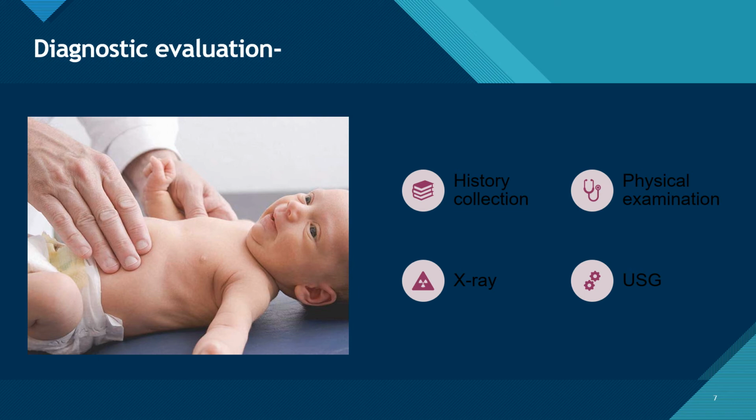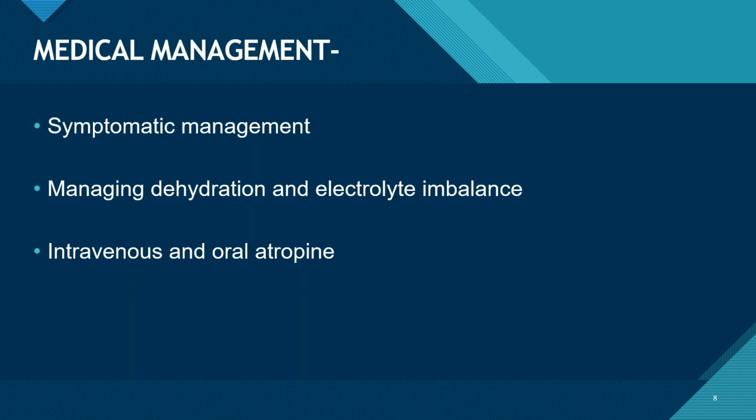Okay, next is your x-ray, and next one is your ultrasonography. The ultrasonography also shows if any abnormalities are there inside the body. The physician can get to know about this by doing USG.